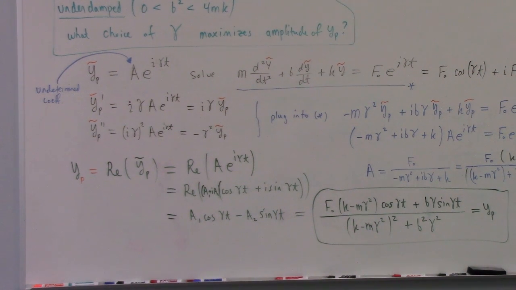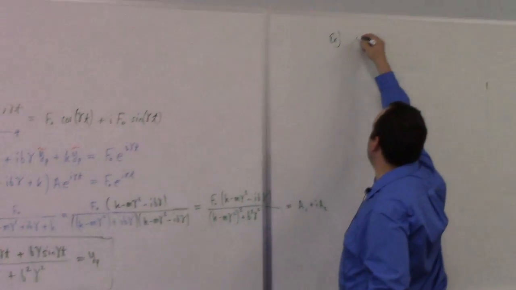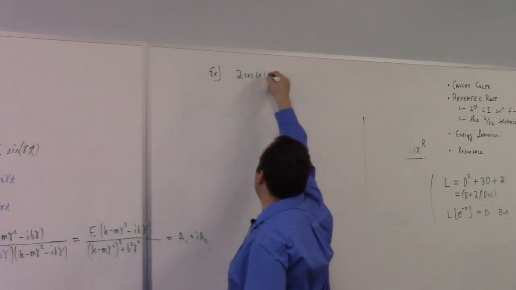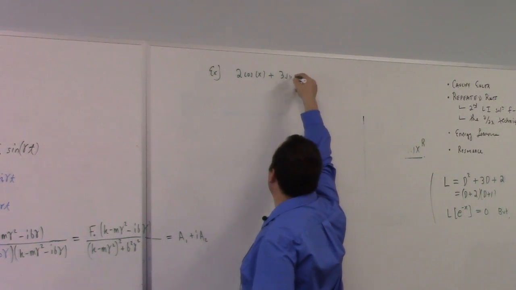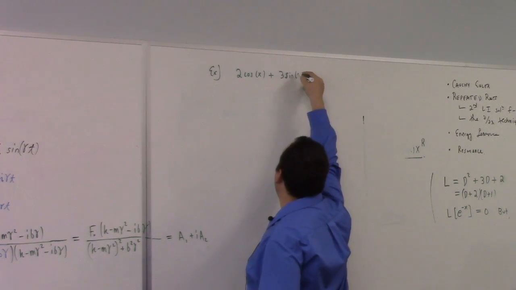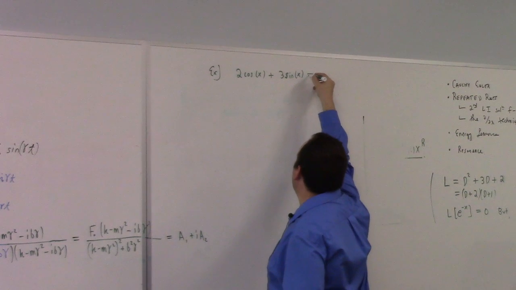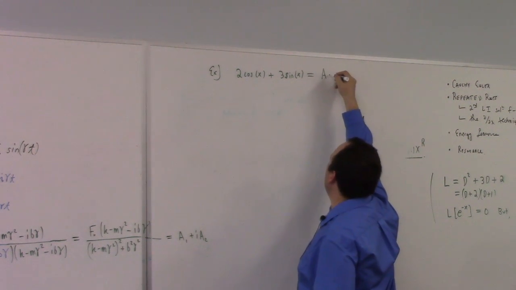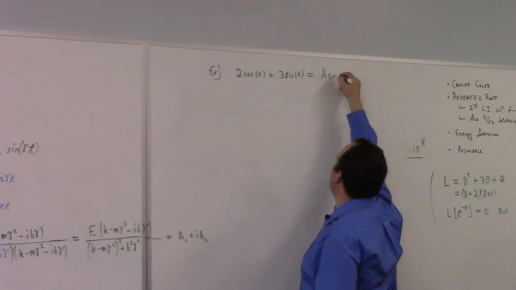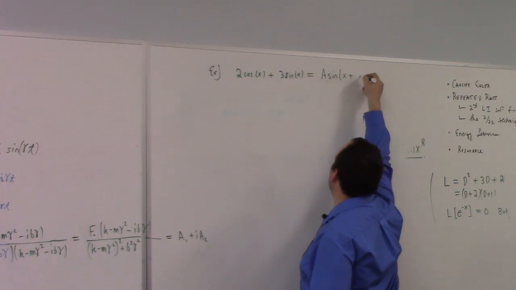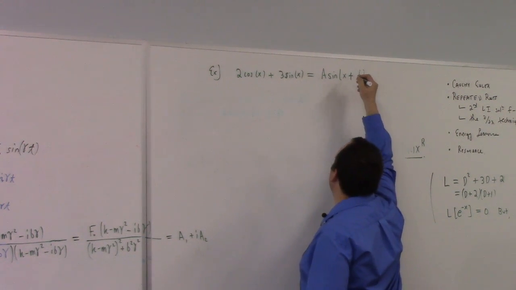For example, let me look at a slightly less scary problem. What if you had 2 cosine x plus 3 sine x? You know that that's equal to a times the sine of x plus some phase angle. How do you find a?